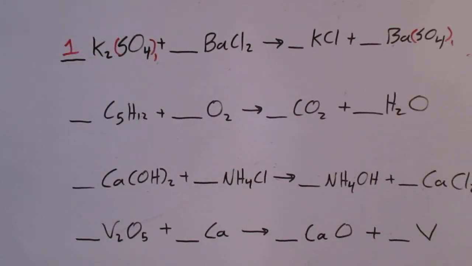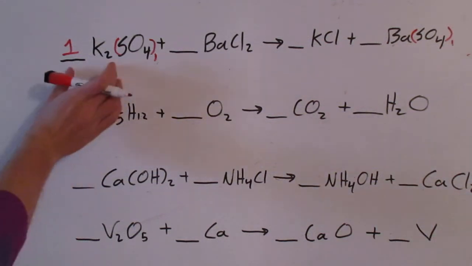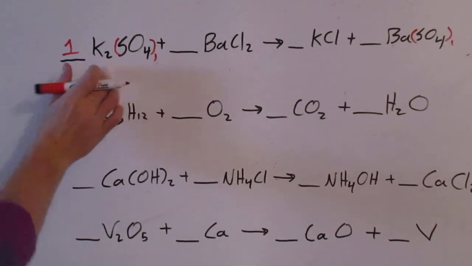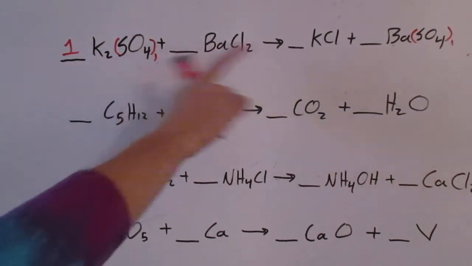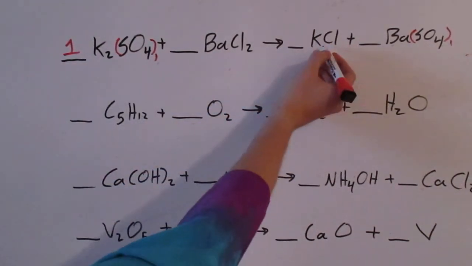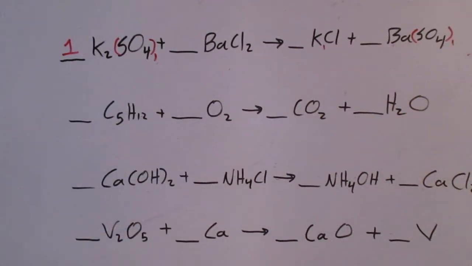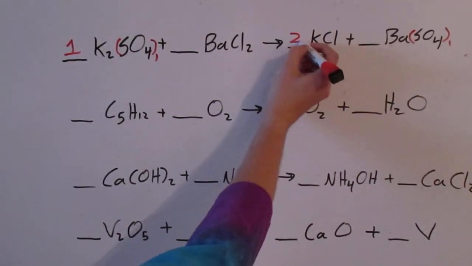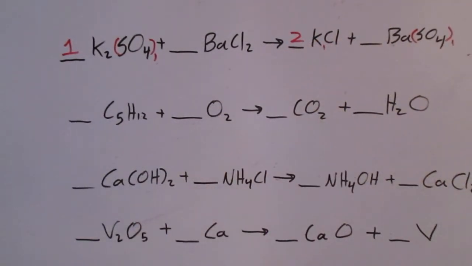Potassium sulfate will react with barium chloride to produce potassium chloride and barium sulfate. Looking here, I have 2 potassiums. Again, 1 times 2 is 2. I only have 1 over here right now. Because of that, I need, through the distributive property, 2 KCl's.